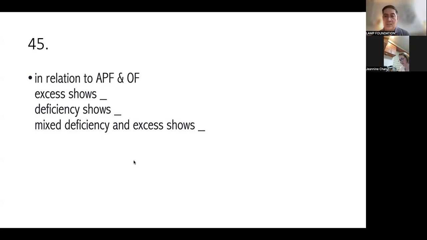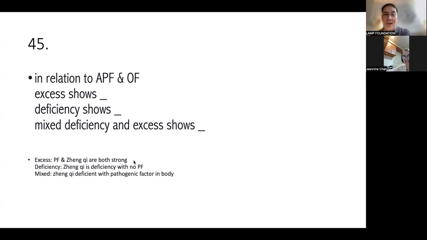The Zheng Qi, Z-H-E-N-G and Q-I. Are they both strong? Are they both weak? Or is one strong and one weak? Sorry, this is not OF, that's PF. I'll give you the answer. Everyone look here. In excess, the pathogenic factor and your immune system are both strong.